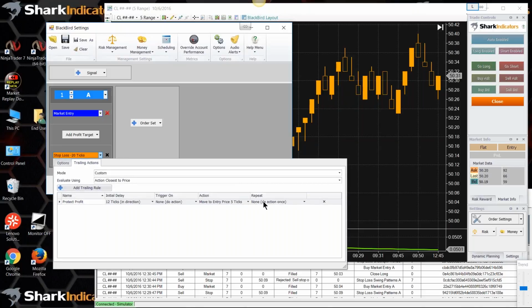What we created is basically a break even. At 12 ticks of profit, our delay is at 12 ticks in profit, we're going to move our stop loss to the entry price plus 5 ticks. So this is like a break even plus 5 ticks, once 12 ticks of profit has been achieved.